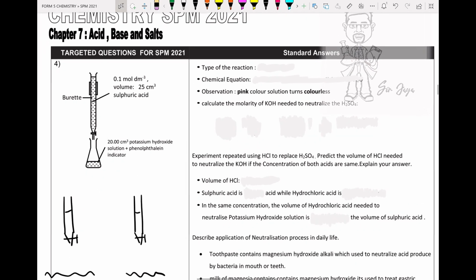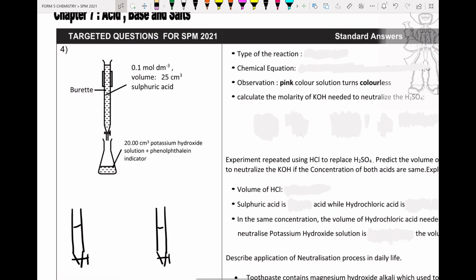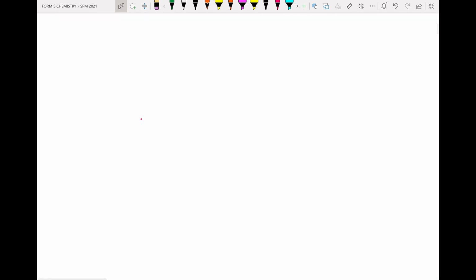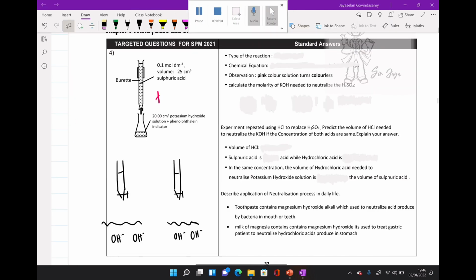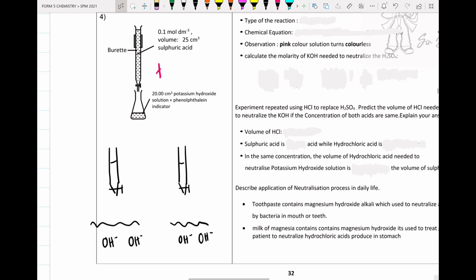Next, we move on to the neutralization reaction. This method is known as titration.